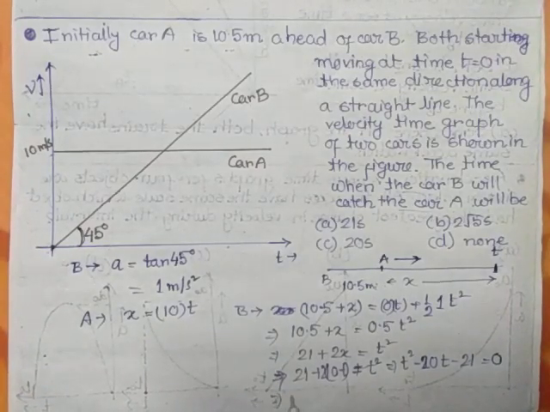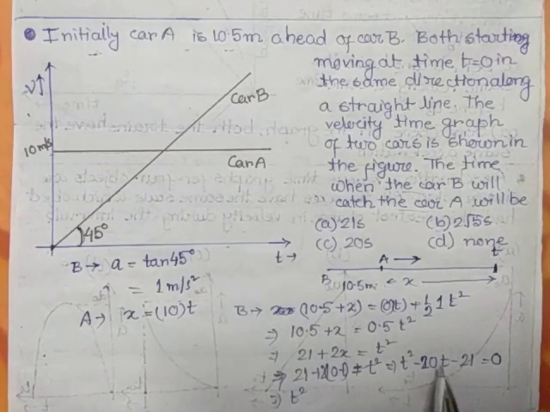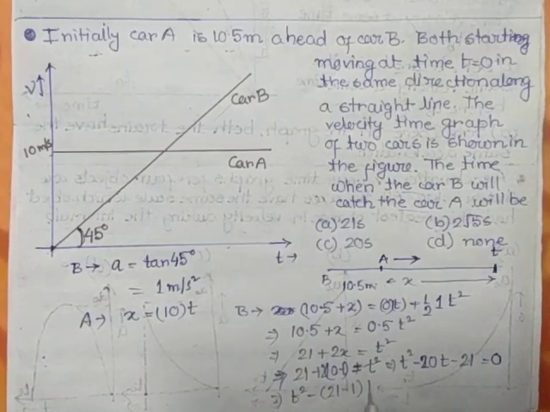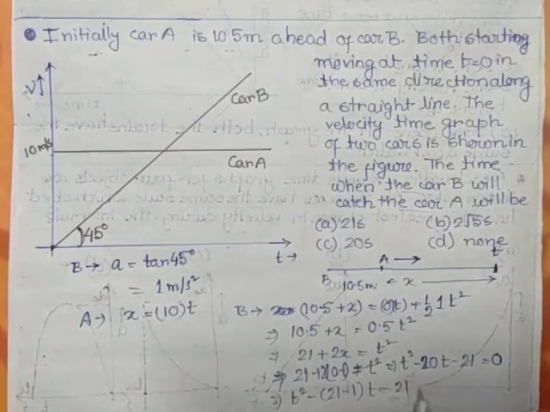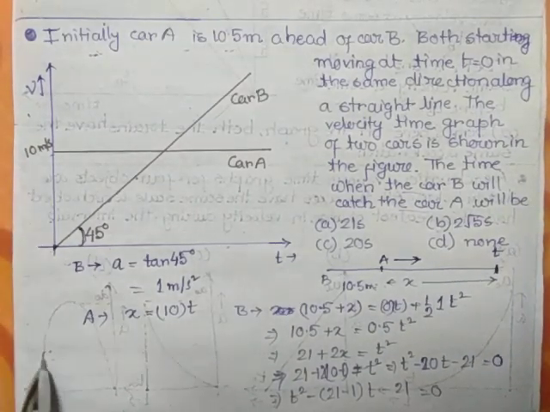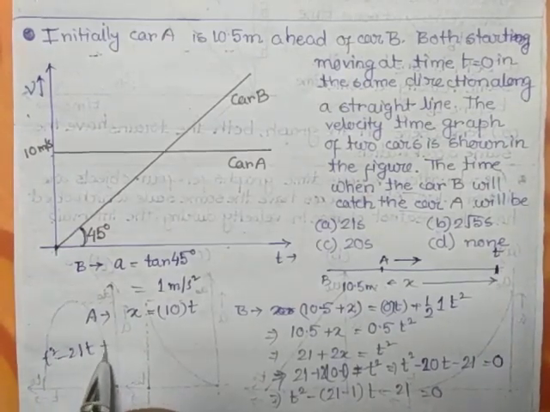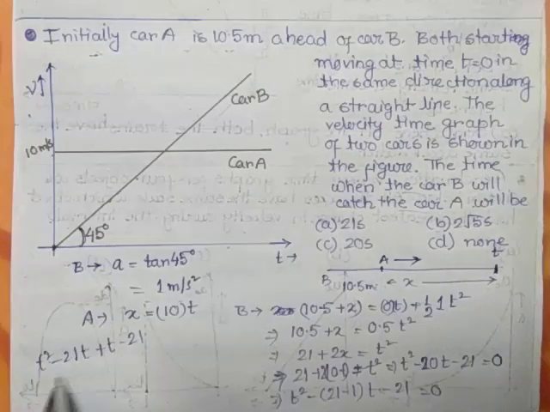So it is very easy to do. After that, it is t squared minus 21t plus t minus 21.